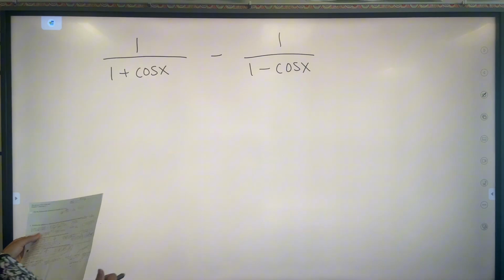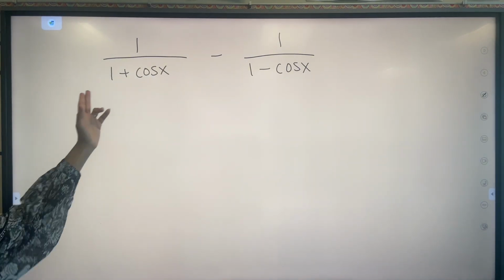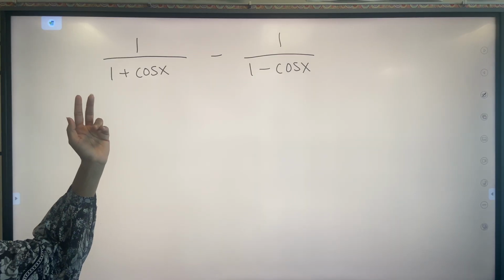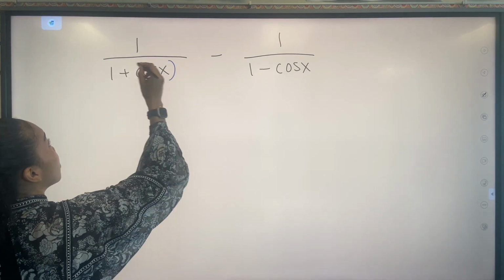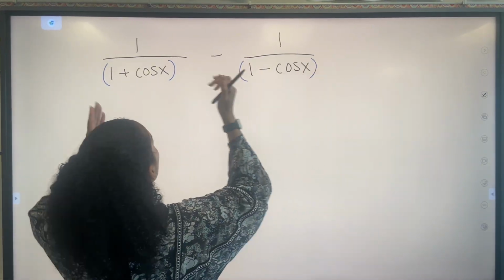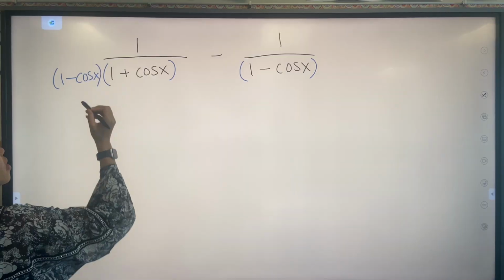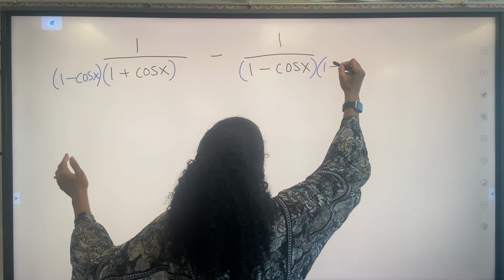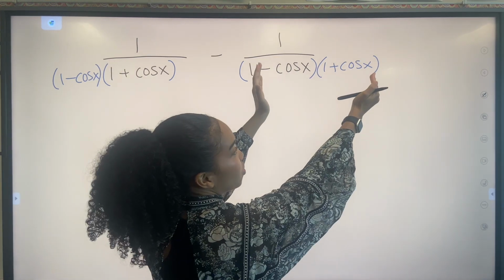Okay, so we want to simplify this. So whenever I have fractions, what do you need? The same denominator. So this one is missing a 1 minus cosine x, and this one is missing a 1 plus cosine x. Okay, so now my denominators look identical.